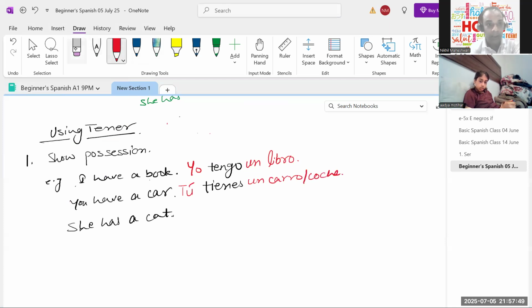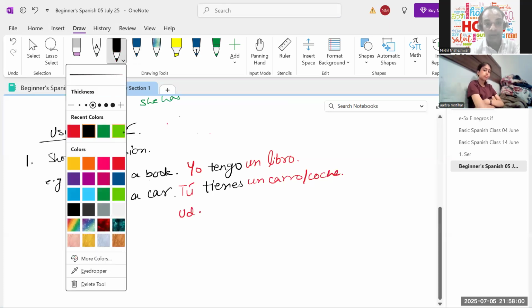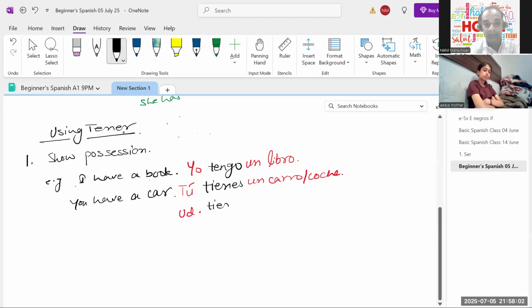Now, if I want to translate it in the formal sense, then I would say usted, and the conjugation would be tiene, and the rest of the sentence would remain the same. Usted tiene un carro or coche.